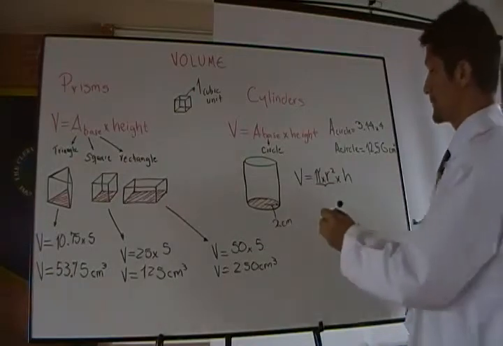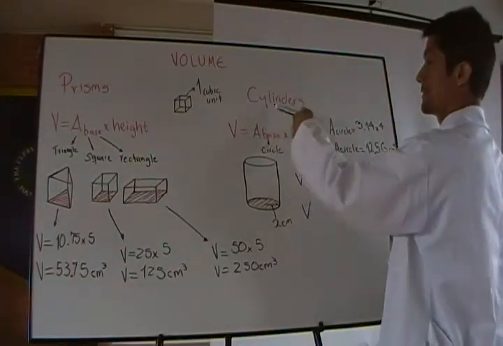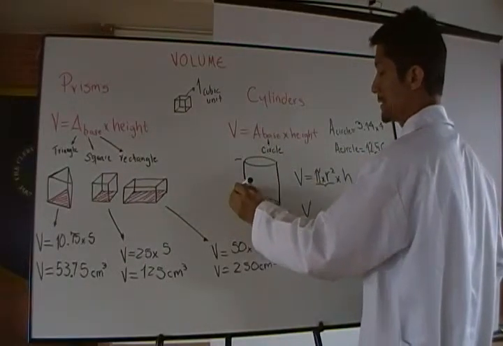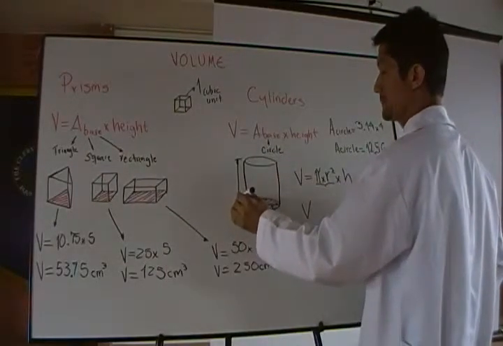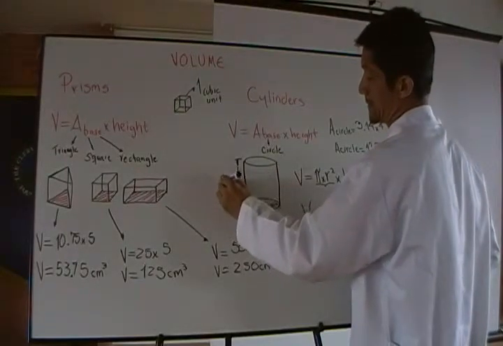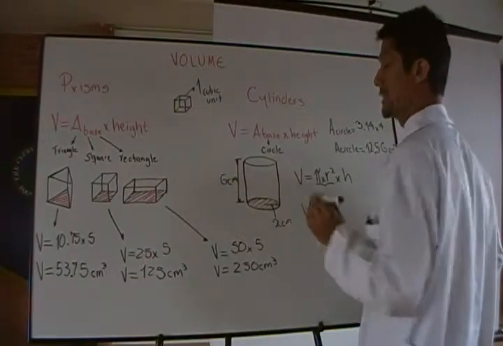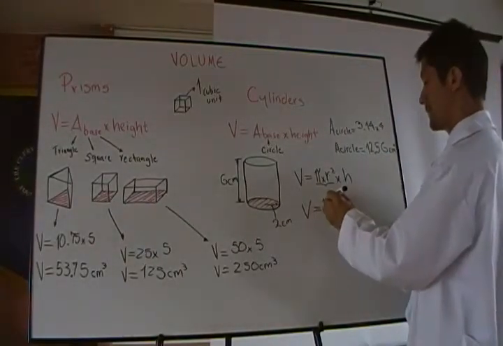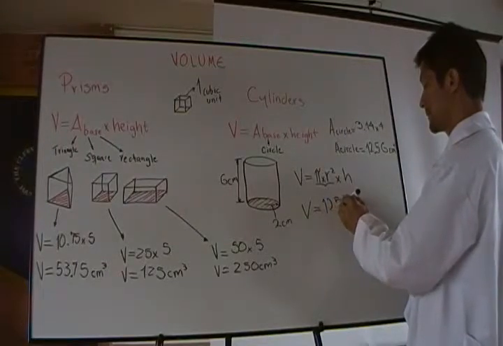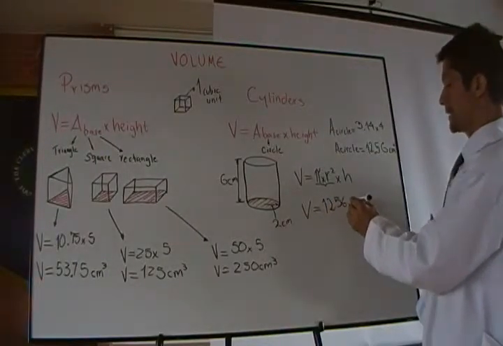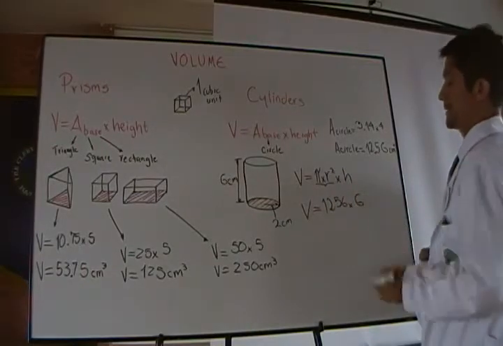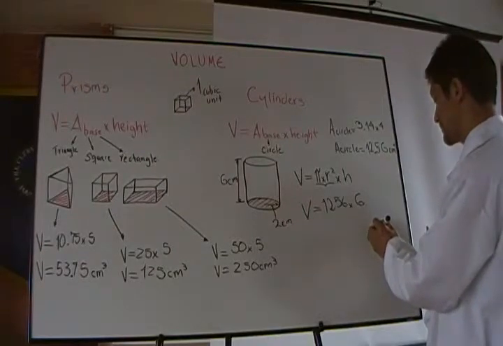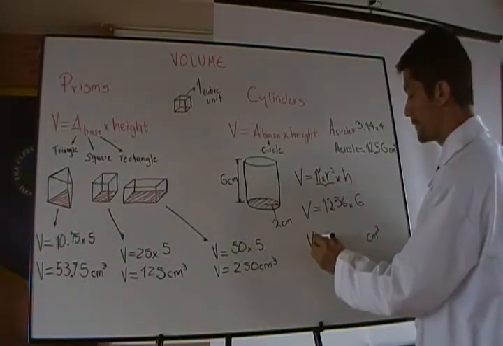But now I need to find the volume. So the volume of this cylinder, that is set as an example here, I'm going to suppose that this height is 6 centimeters. So I'm going to multiply now the area of the base, which is 12 and 56 hundredths of square centimeters, times 6, which is the height. And the result is going to be in cubic centimeters, since we are talking about volume.